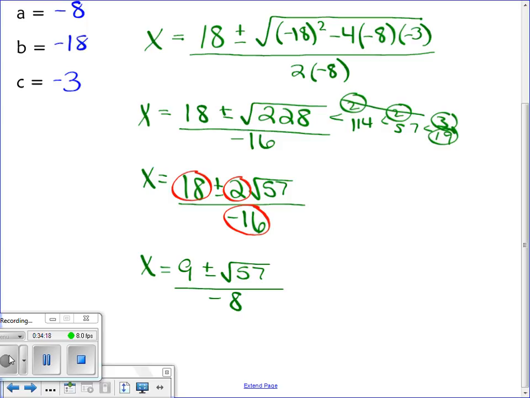But I have a problem. Can't have a negative on the bottom. As far as having all my A, B, and C negatives, it doesn't matter. Can I divide all of these numbers by negative 1? Yeah. Right? So right here, there's actually a 1 here. All of these, I can divide them by negative 1.